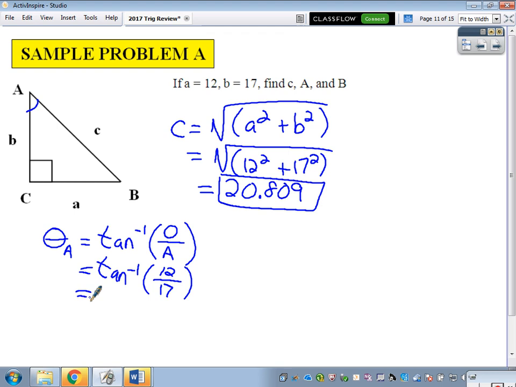Okay, what do we have as an answer? 35.218. Make sure we can see the decimal point. Degrees. Okay, degrees would be our units for this one, so make sure that we have that included.